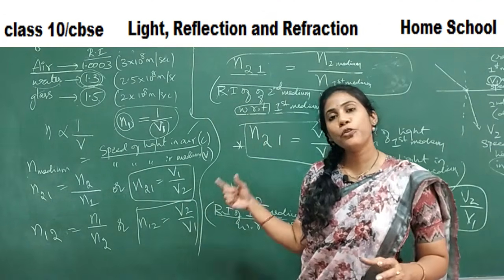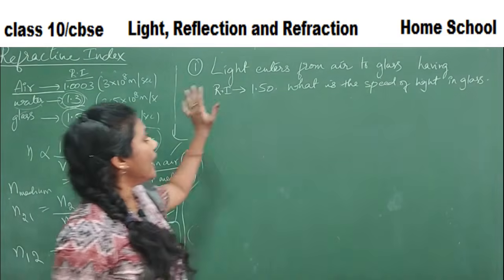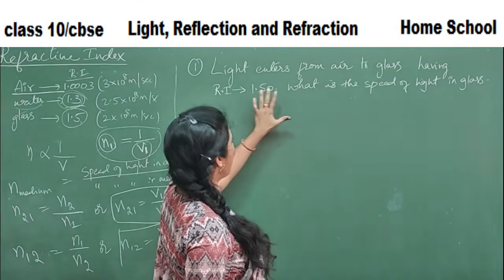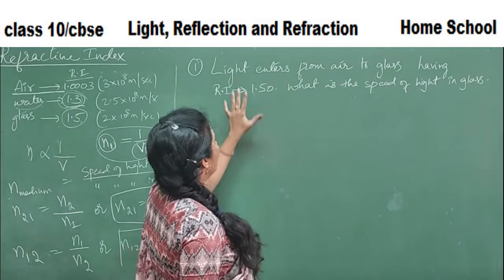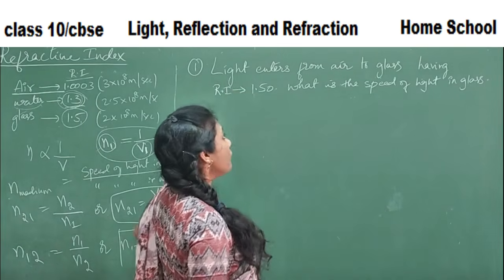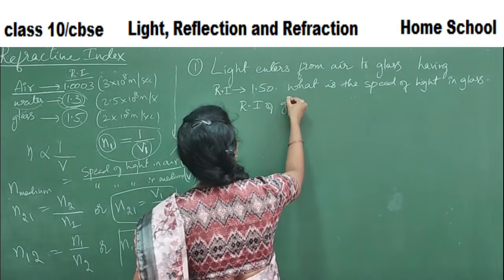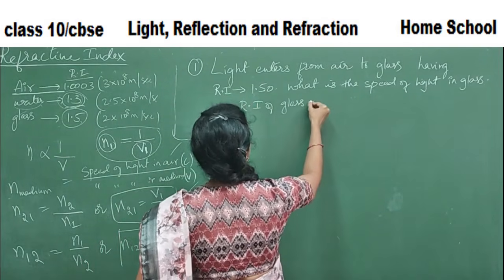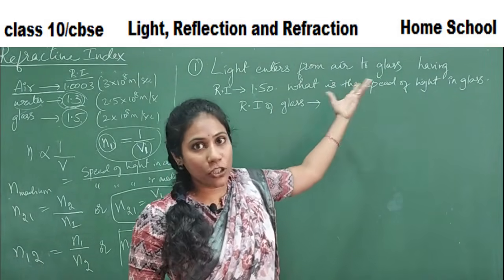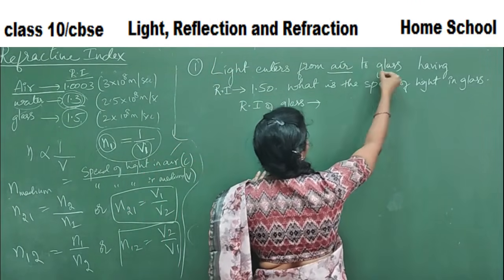So now let us see a few questions based on these formulas. Okay, see the question here. Light enters from air to glass having refractive index of 1.5. That means they have given the refractive index of glass. Refractive index is always about a second medium in comparison to the first, normally. So light is entering from air, from this medium to this medium.